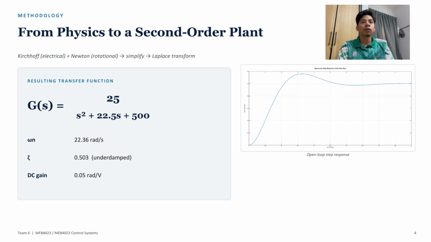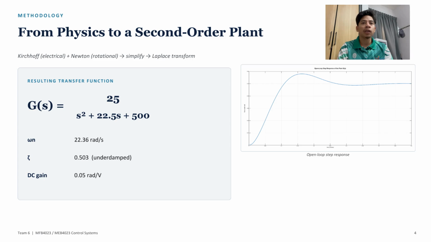To model the servo, we start from two physics equations, which are Kirchhoff's voltage law for the electrical side and Newton's second law for the rotational side. Since the motor is driving the vane linkage, we simplify by dropping the armature inductance because the electrical response is much faster than the mechanical one, and we added a stiffness term for the aerodynamic load on the vanes, which behave a bit like a spring, giving us a clean second order plant. G(s) = 25 / (s² + 22.5s + 500).